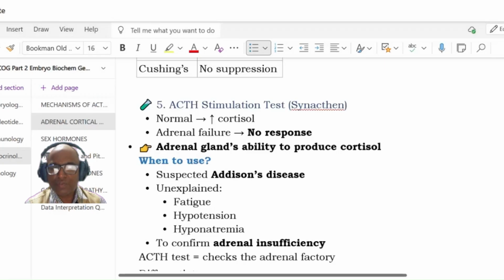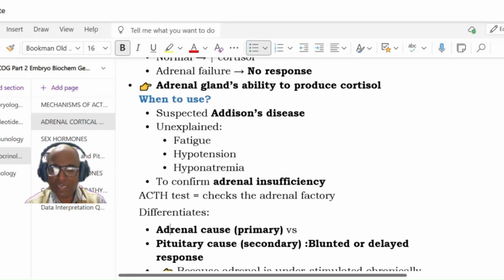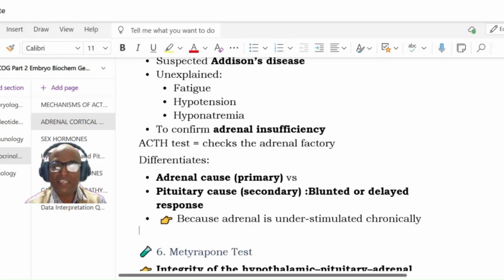So when to use it? When we suspect Addison's disease or adrenal failure, clinically presenting as fatigue, hypotension, hyponatremia. To confirm the adrenal insufficiency, we carry out this ACTH test. It checks the adrenal factory, whether this factory is working well or not. It differentiates the adrenal cause, that is, whether the primary adrenal is at fault, or the pituitary, which is the secondary adrenal failure.